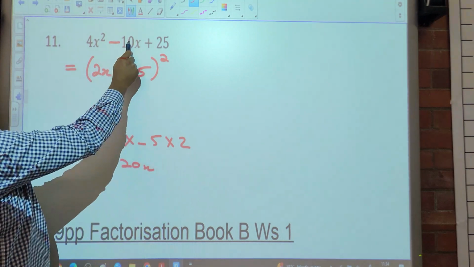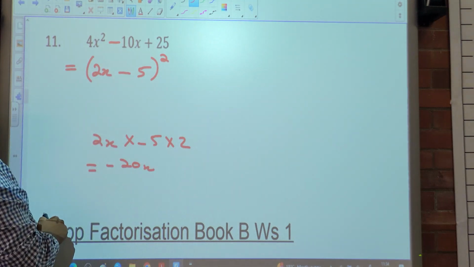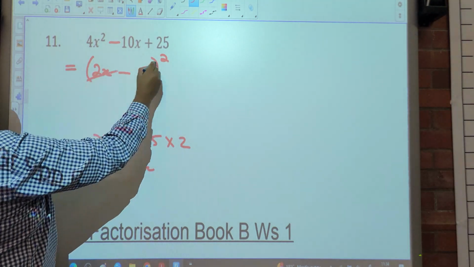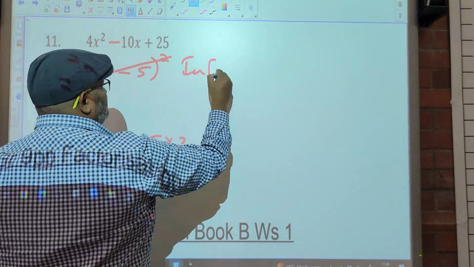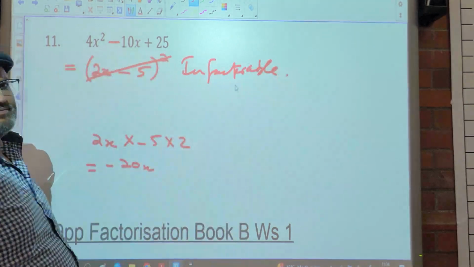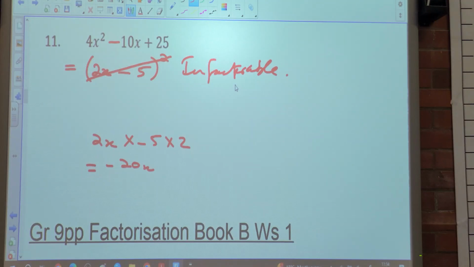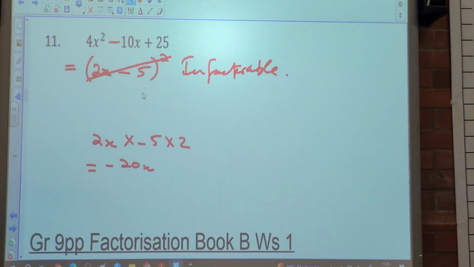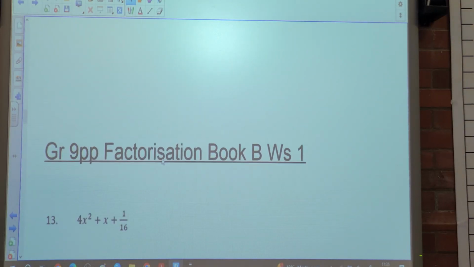Is that the case? No. So what does that mean? So that's not the case. So this is infactorable. Okay, that's the second one now. You see now why it's important to test. That's the importance of testing.